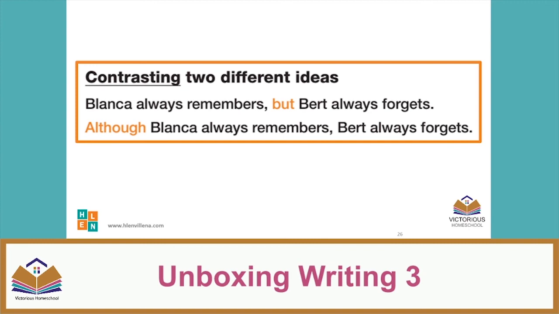In the next sentence, however, the idea that Bert always forgets is slightly more important. So here's the thing. The idea that is in the independent clause is always the more important idea.